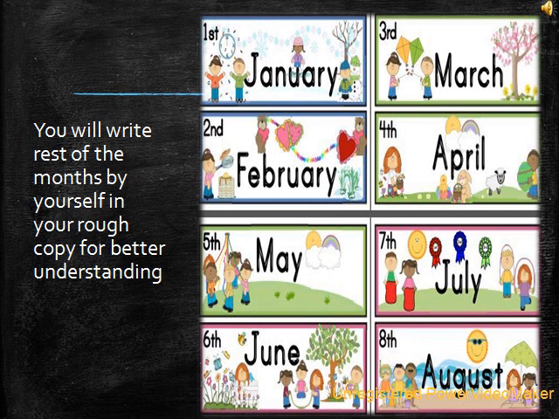The first month is January, second is February, third is March, fourth is April, fifth is May, sixth is June, seventh, our current month, is July, eighth is August, then so on. Ninth will be September. I took a halt so that you can recall it.